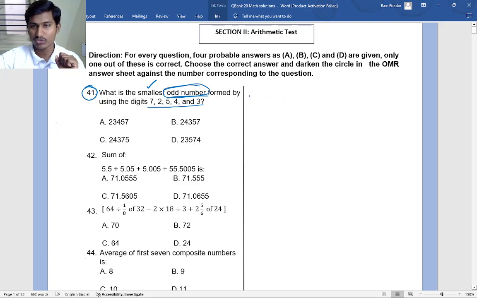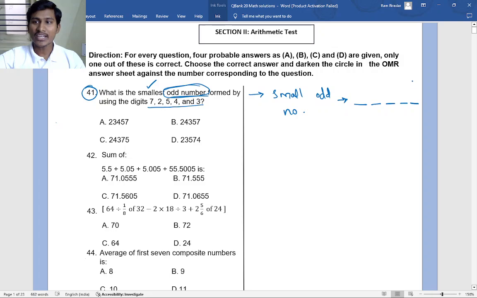Five digits are there. You don't have to write all these things, I will show you how to do it. I am just writing for the explanation. Smallest odd number. There are a total of 5 digits.